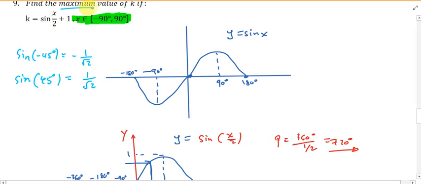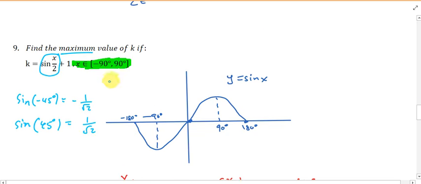So if you want to find the maximum value, remember the range of sine of x over 2 is minus half to half. Because it's a restricted graph, that's the reason why the range is from minus half to half.